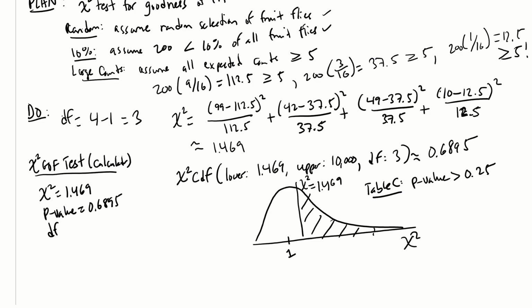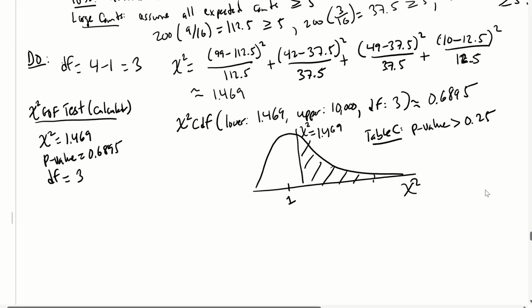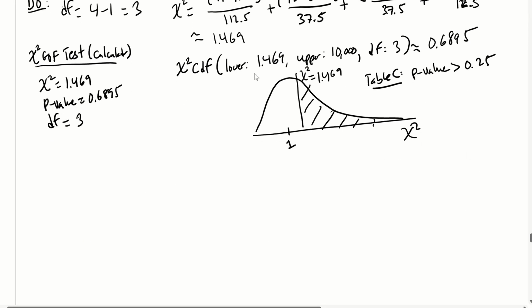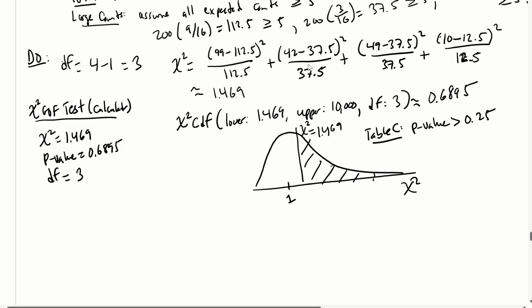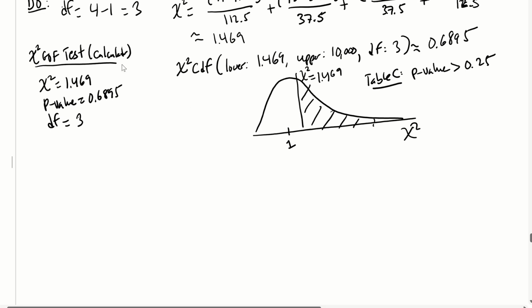We'd have to report our DF, right? All that stuff. We have to make sure we report. And then it is 3. Okay, so this is what you would do in the do stage if you're doing it on the calculator. But again, I want you to practice this whole thing. Doing this calculation facilitates it in memory, so you know how you calculate it and you appreciate it and you know how it works, rather than just relying on the calculator.